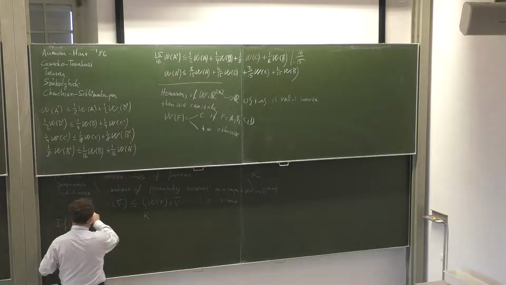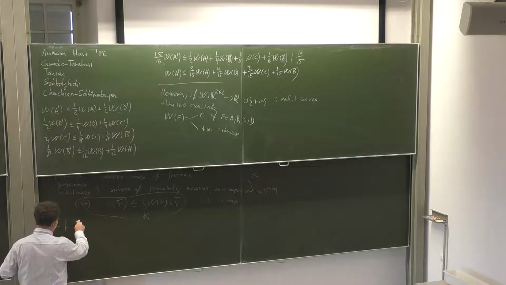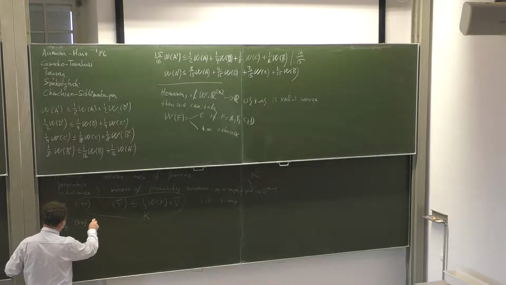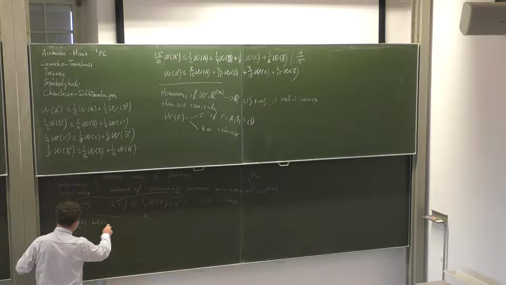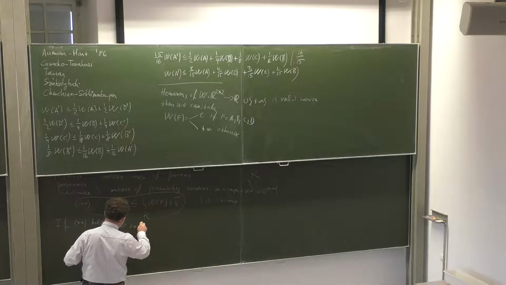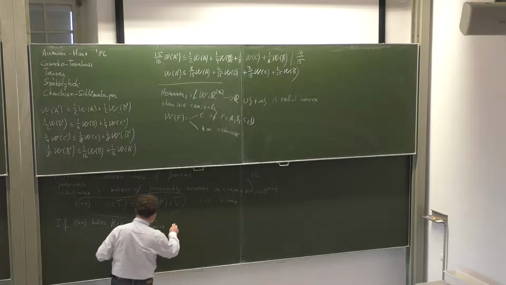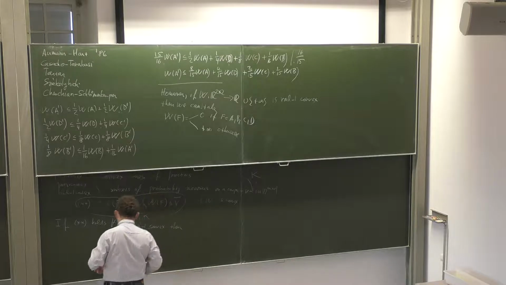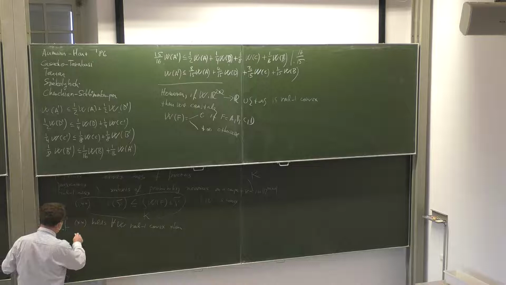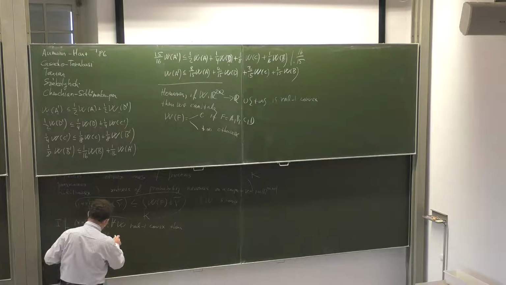If star star, this is this Jensen inequality, holds for every W rank 1 convex, then we call nu a laminate.